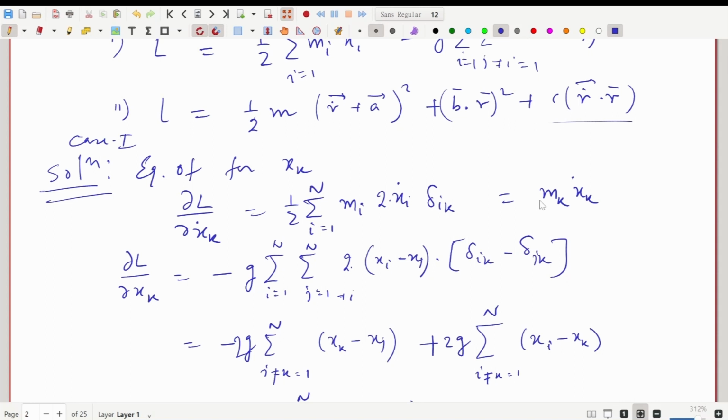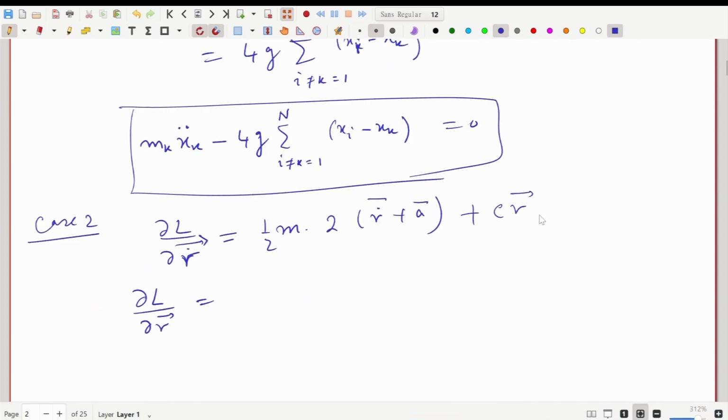So b dot r whole squared, if I differentiate with respect to the r vector, it will be 2 (b dot r), and then the thing will be differentiated with respect to r, so it will be a b vector. This you have to be careful about. Plus the last term, it will be c r vector dot.